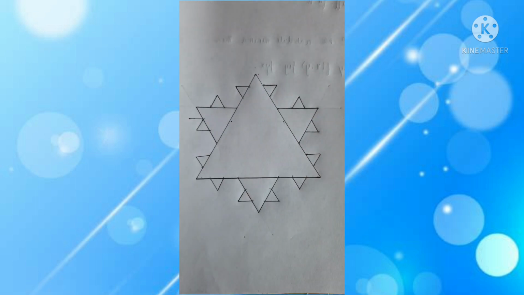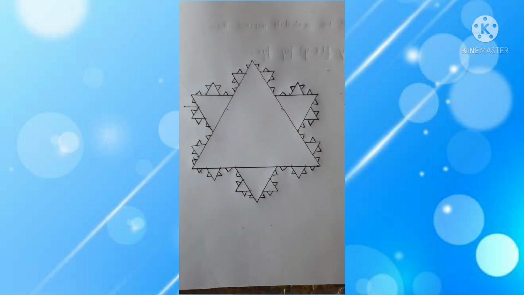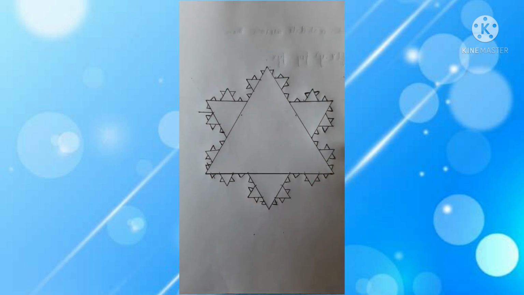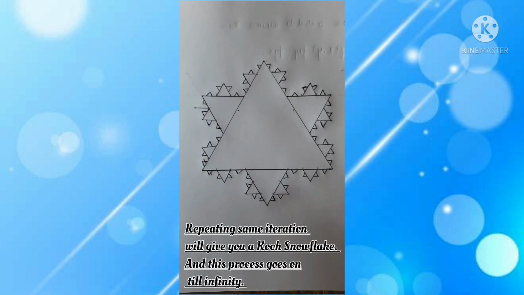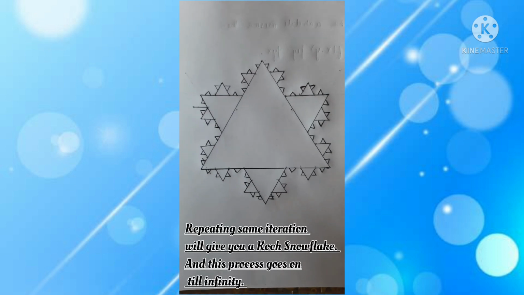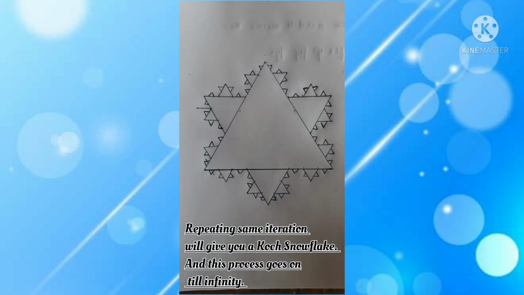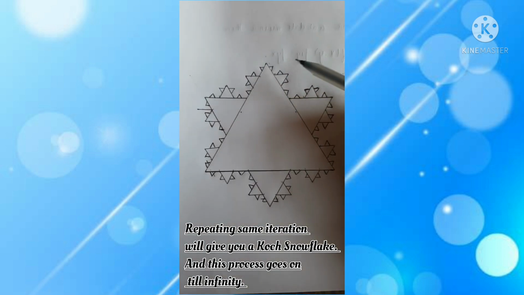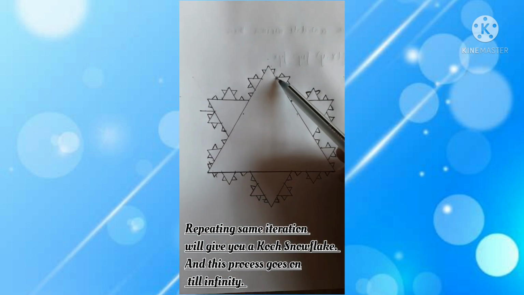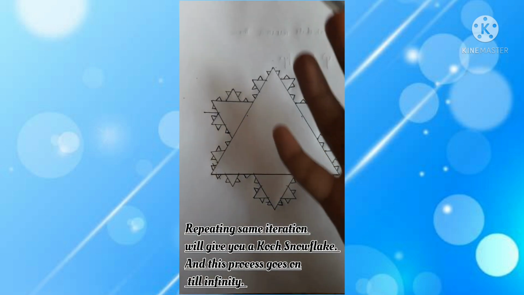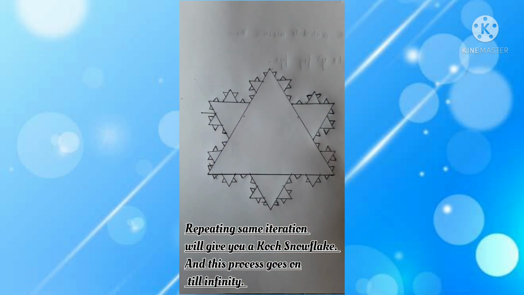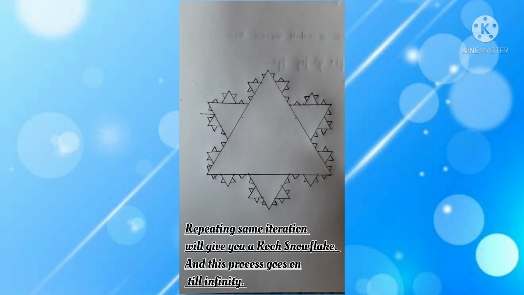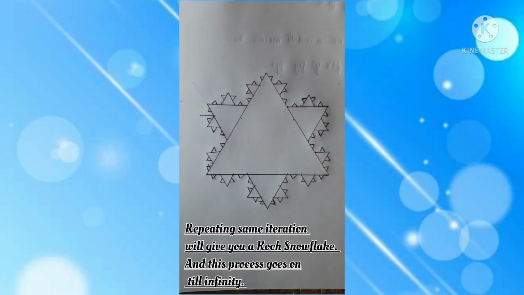So here the figure is ready, and doing the same iteration again and again, you will get exactly the Koch snowflake which we were aiming to construct. Dividing this particular side into three equal parts is not possible here, so I'm not going further. You can try it on your own. So let's have a look.